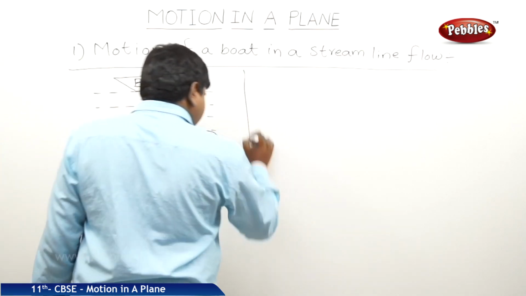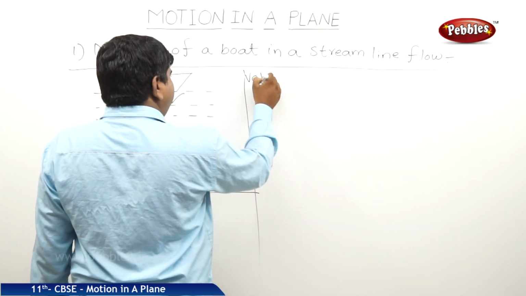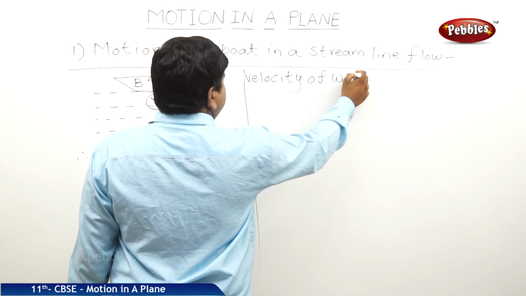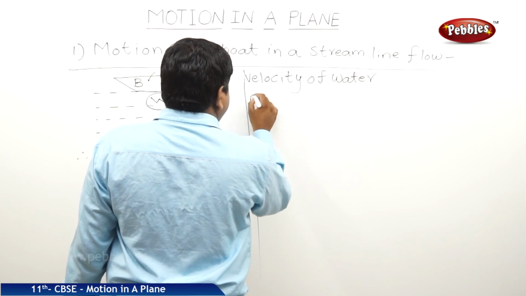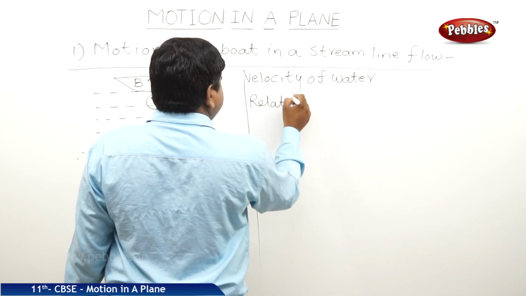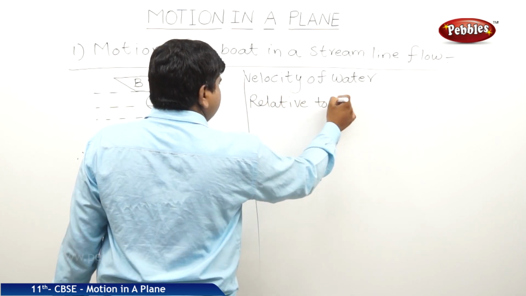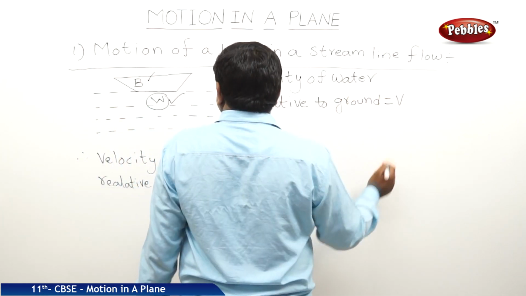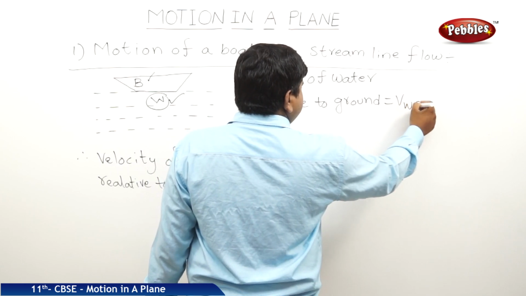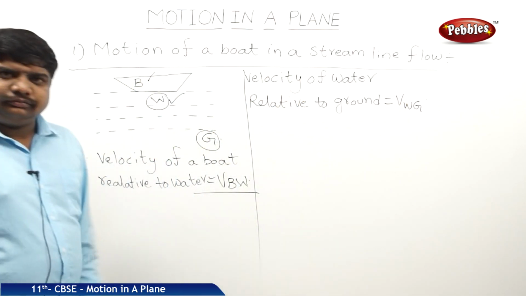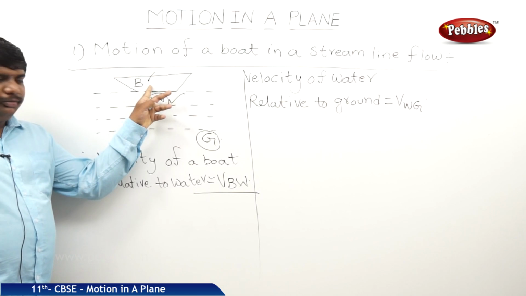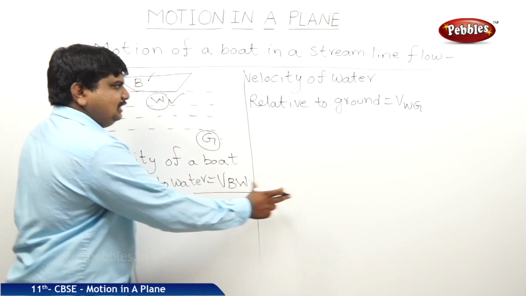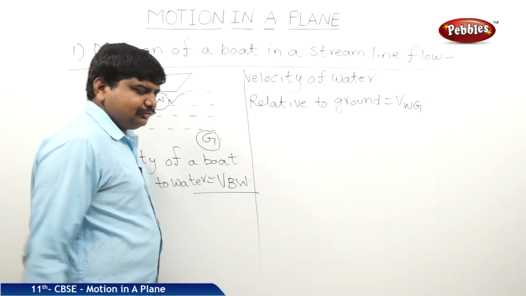Next, velocity of water relative to ground is equal to VWG. Then velocity of boat relative to ground is nothing but VBW plus VWG.